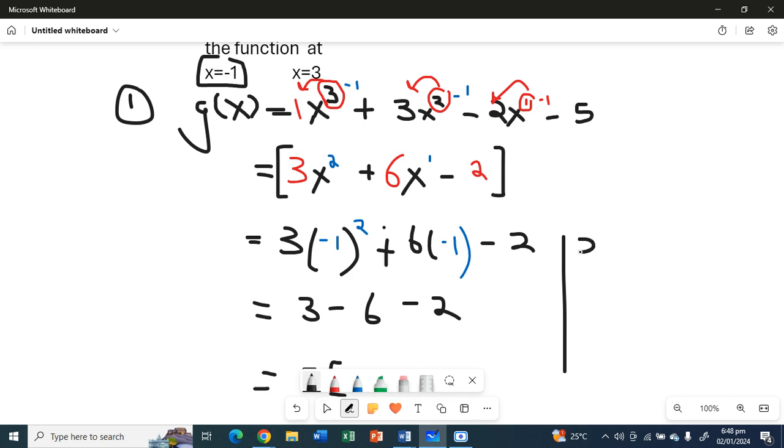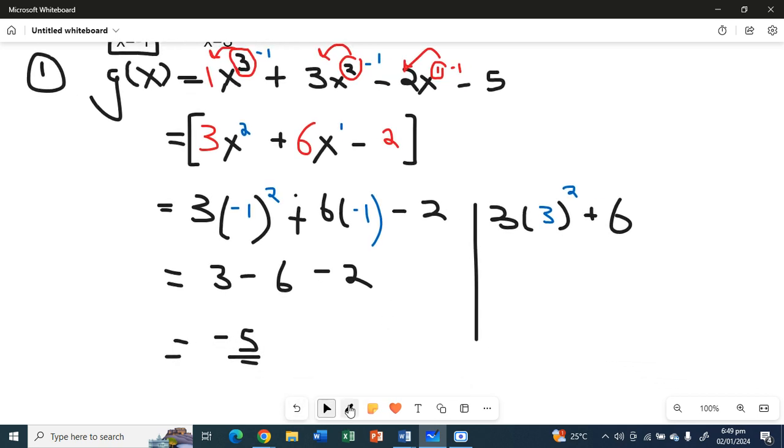So we have 3, open brackets, put our 3 there, plus 6, substitute 3 there, minus 2.